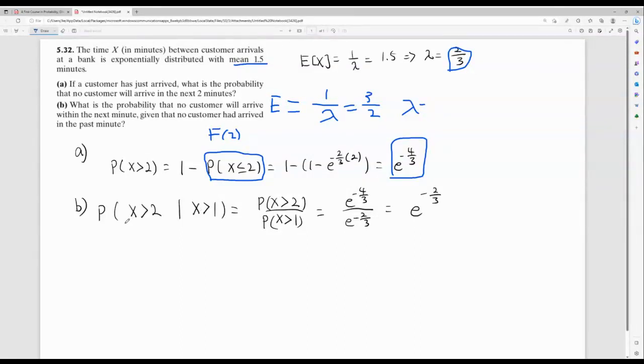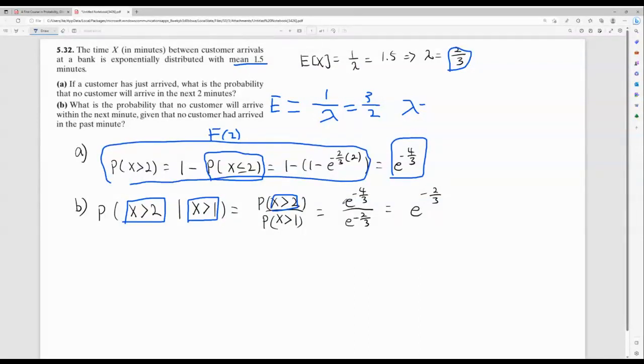So it will be x greater than 2 and x greater than 1, the intersection, which is x greater than 2 over x greater than 1. We do the same step like this. We got this on the top and this on the bottom, and then we got this final answer.